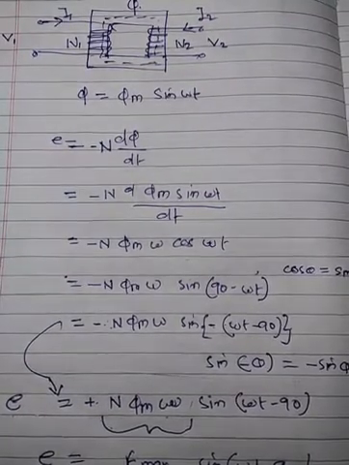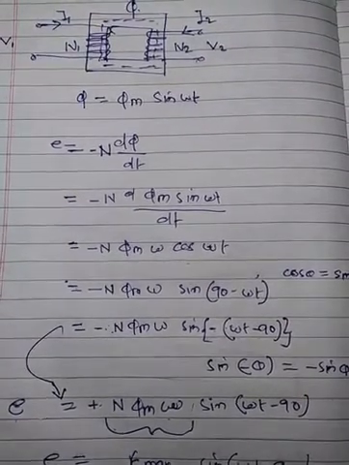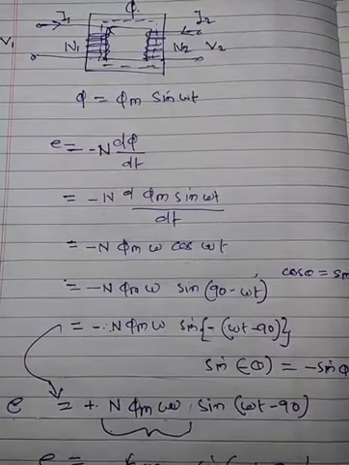Now we can calculate the RMS value. E RMS equals E max by root 2. This is the formula for E RMS, the root mean square value.